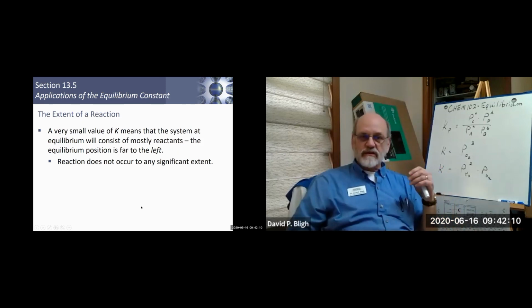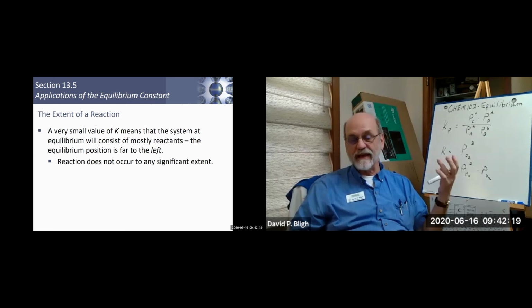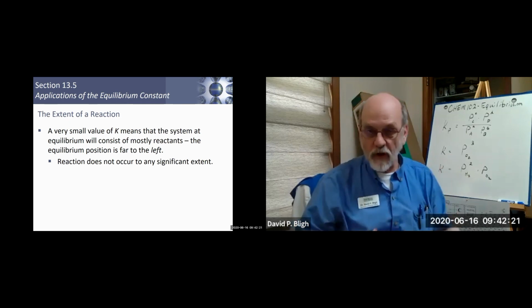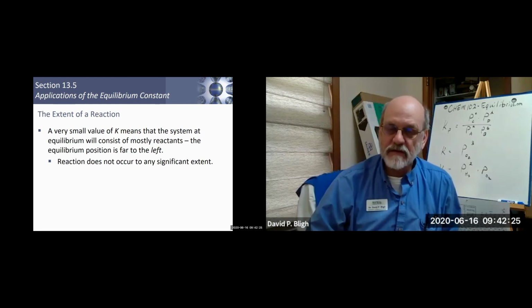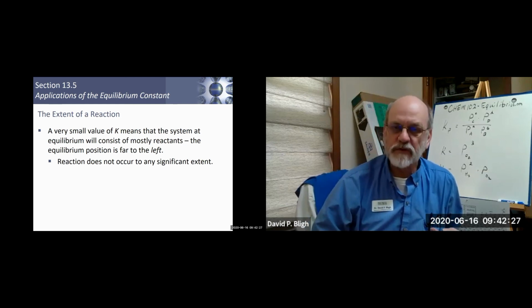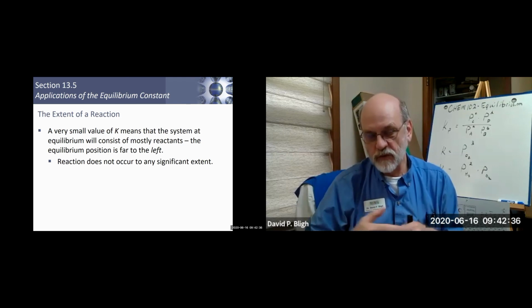If the K is very small, and I'm talking extremely small, 10 to the minus 4, 10 to the minus 10, very small, then the way K is written implies that you still have mostly reactants. And the reaction does not significantly move to products.